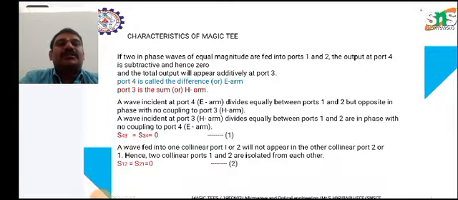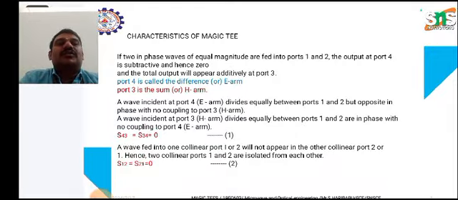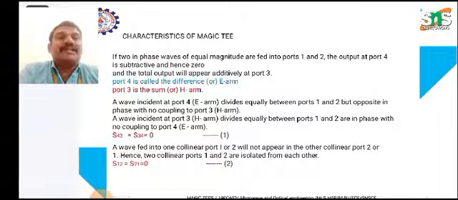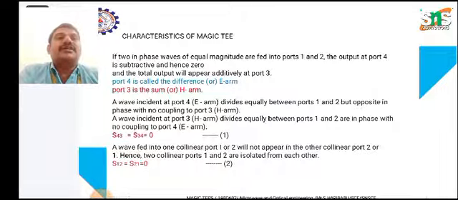That is, port 4 is your difference arm and port 3 is your sum arm, that is the H arm. We already discussed this in E plane T and H plane T: E is difference and H is sum.